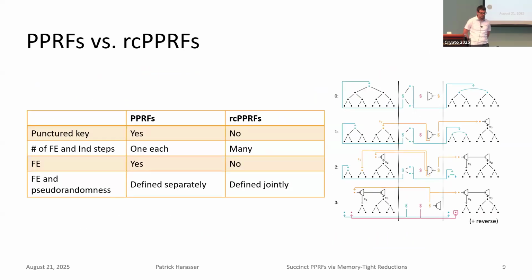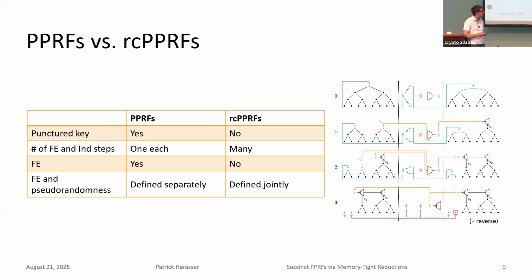The name PPRF with relaxed correctness is, I guess, best explained by comparing RCPPRFs to regular PPRFs, where we have a punctured key that gives a functional equivalent description of the program on all inputs except one, where the output is randomized. So at a high level, what PPRFs achieve in a single functional equivalence and indistinguishability step, RCPPRFs spread out over potentially many more such steps.